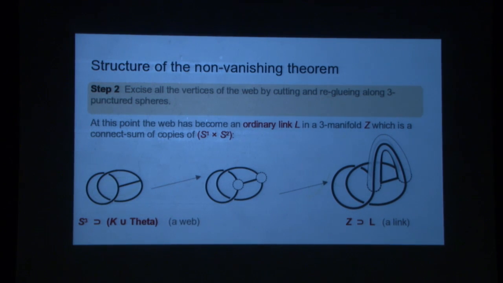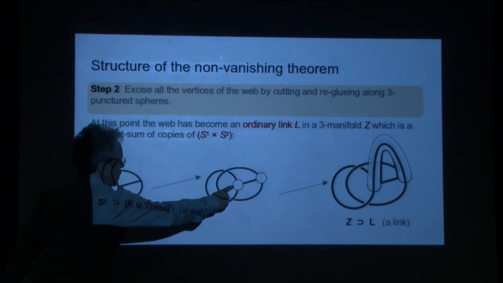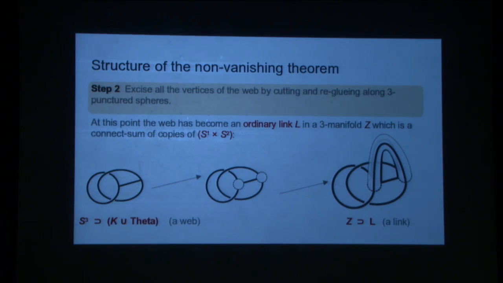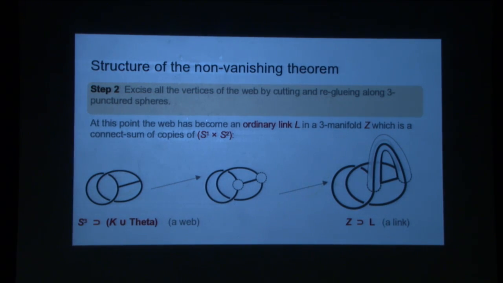And the vertices are gone, the edges come into those two spheres. Now I run the edges over from the one vertex to the other. They run over this new arc times S2. Simpler but harder to draw: you just identify this dotted circle with that one to create a new three-manifold.